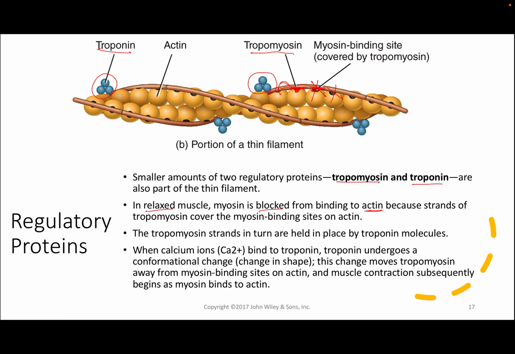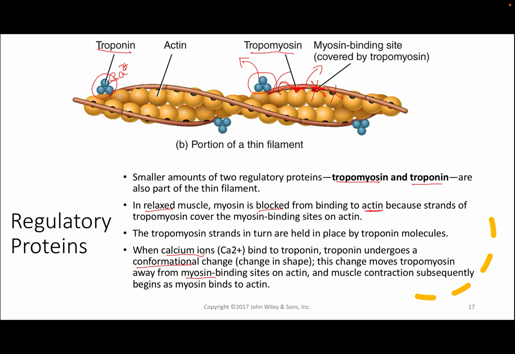Right? However, when we have an increase in intracellular calcium in our myofibril, this calcium is going to bind to our troponin, and it is going to pull it out of the way. Right? When this conformational change is happening, when our shape change takes place, it's going to pull our tropomyosin out of the way.